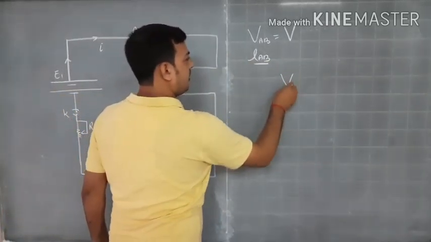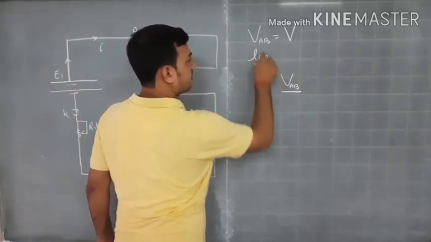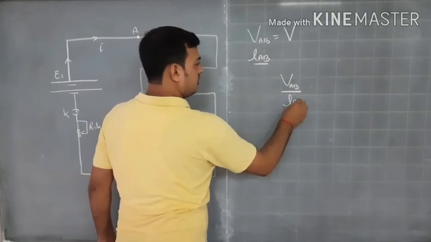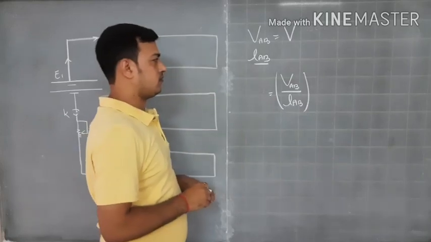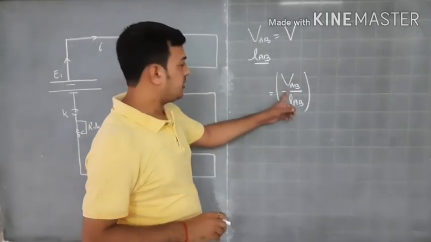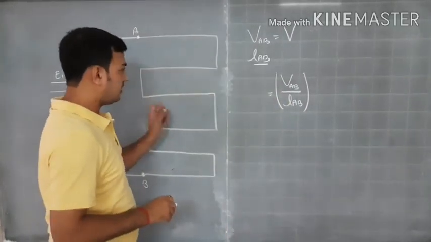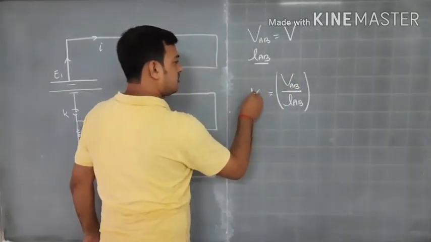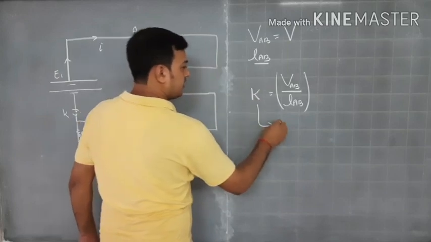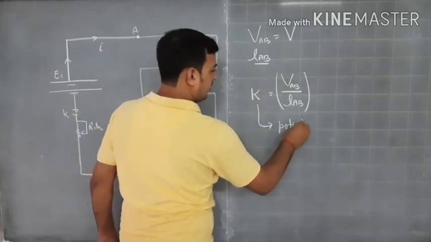If I divide the voltage drop across the wire by the length of the wire that I have connected, then this ratio is called K, and that is called the potential gradient.